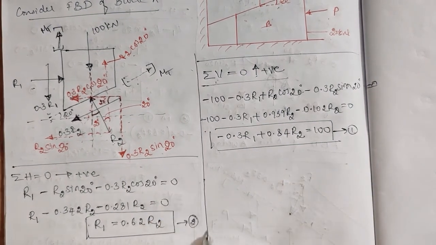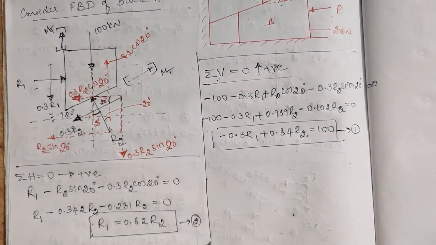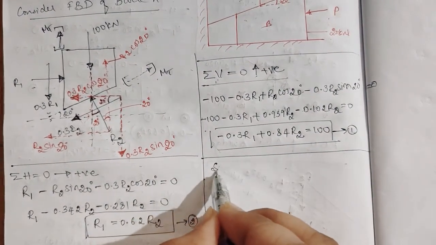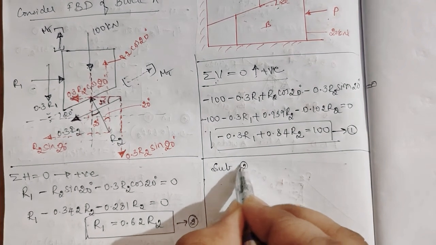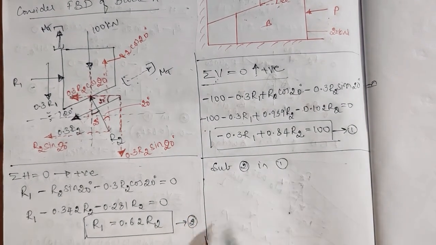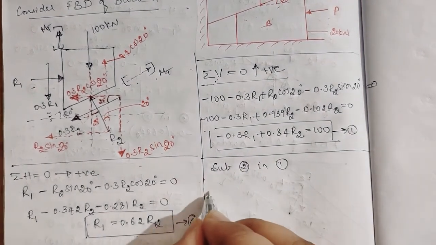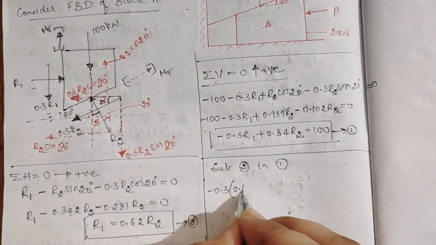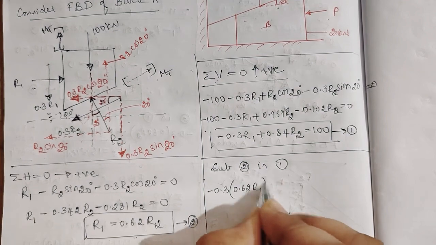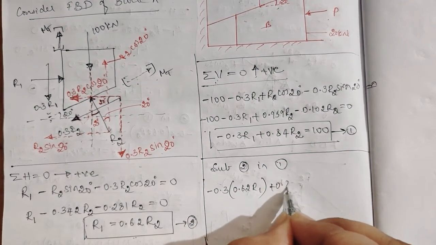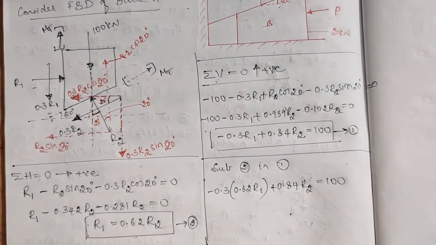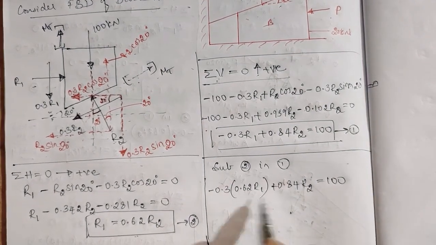Okay, now what I do is substitute equation 2 in equation number 1. So 0.3 R1 plus 0.84 R2 is equal to 100.